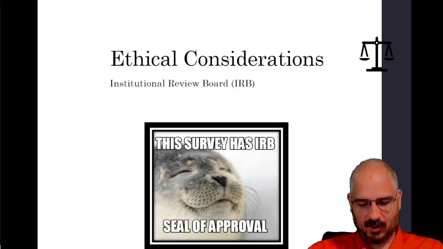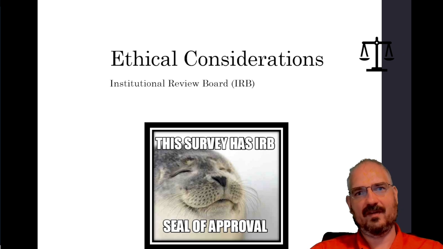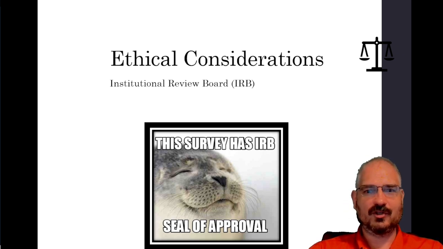Now, who gets to determine whether those guidelines are being met or not, or whether the guidelines we're going to talk about in the rest of this section are met or not? The Institutional Review Board. Before anybody does any kind of research on humans or even animals, you need to get the approval of an Institutional Review Board.